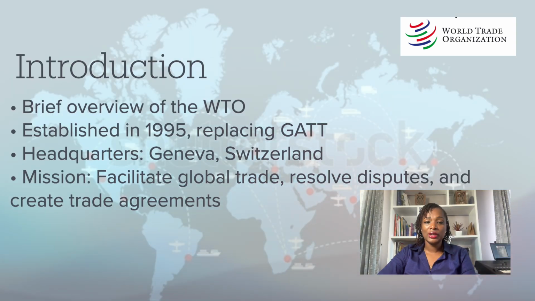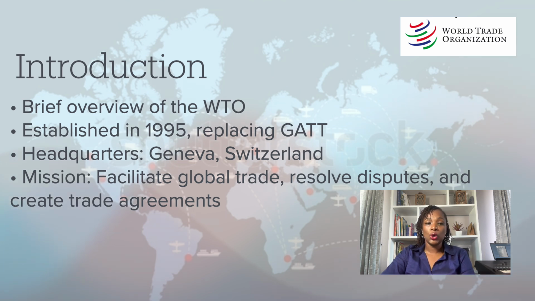The World Trade Organization is a global institution that regulates trade between nations. Established in 1995, it replaced the General Agreement on Tariffs and Trade, GATT, and now serves as the primary international body overseeing trade agreements and dispute resolution. Its primary goal is to ensure trade flows as freely, fairly, and predictably as possible.